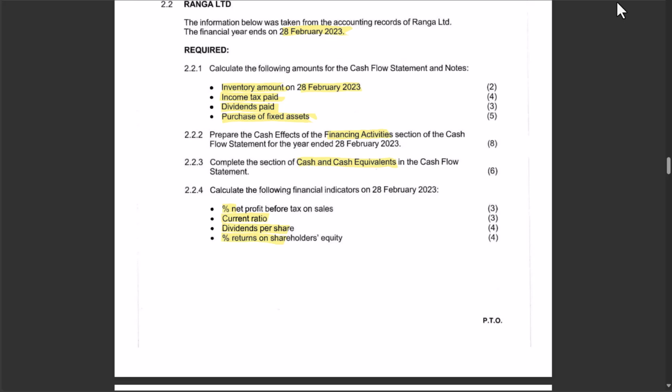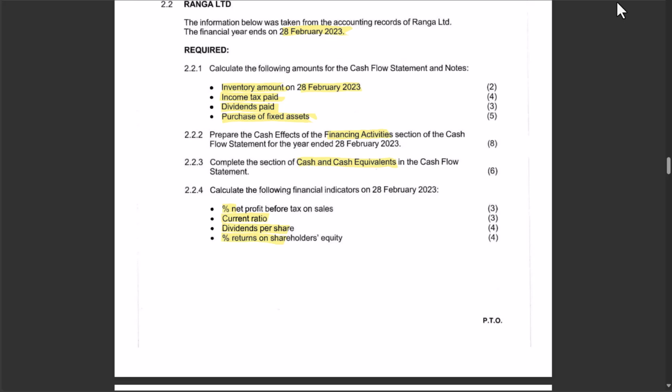I'm quite surprised about the current ratio, because in question 1 you had a question addressing the current ratio. I think that was enough to test you on the knowledge of the current ratio and what it means.